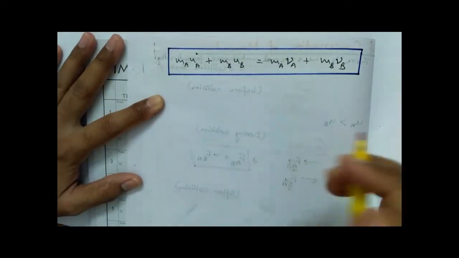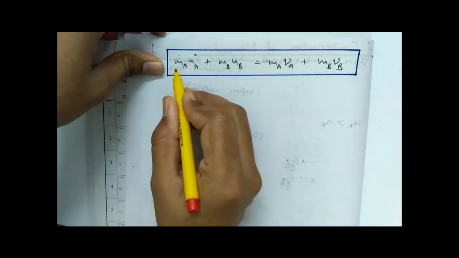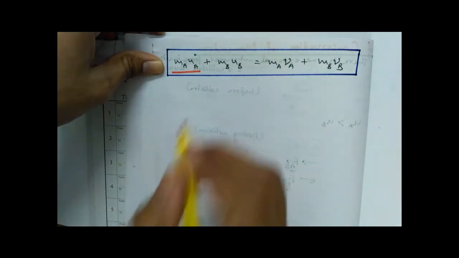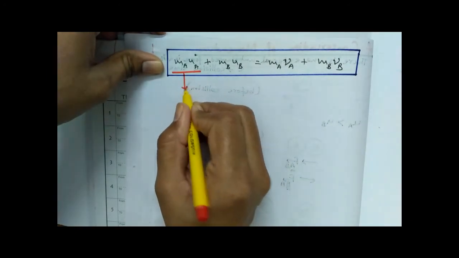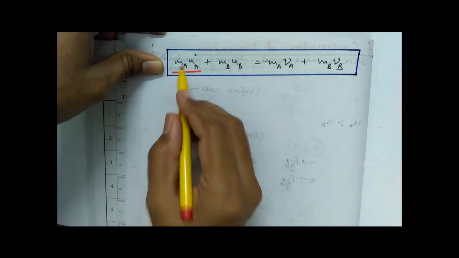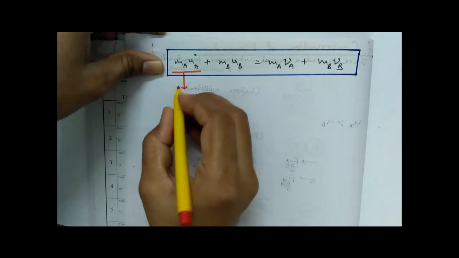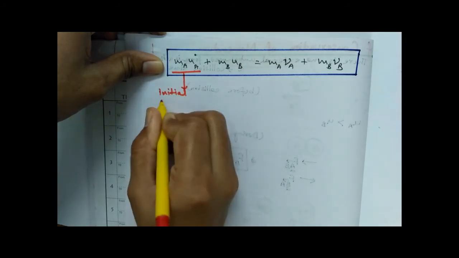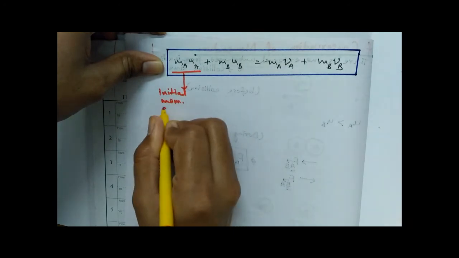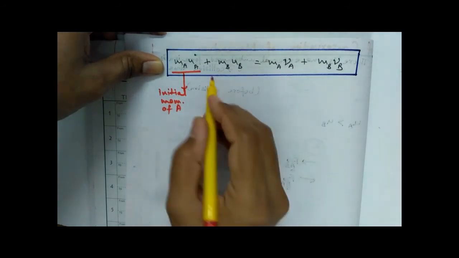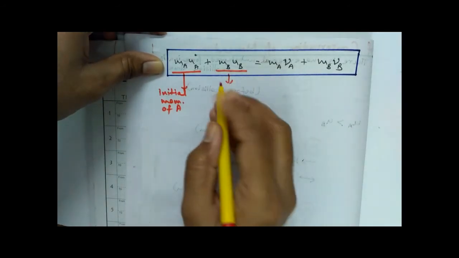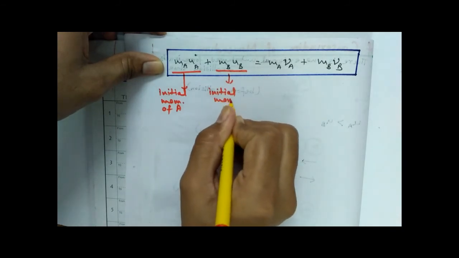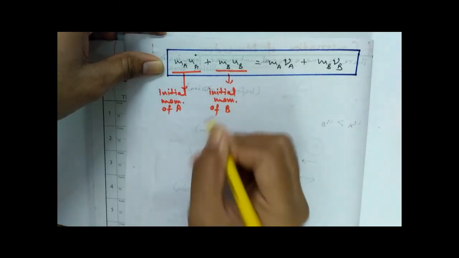Now look at this equation nicely. First term is maua. This is the value of momentum of a, and that too initial momentum of a. This is the value of initial momentum of b.